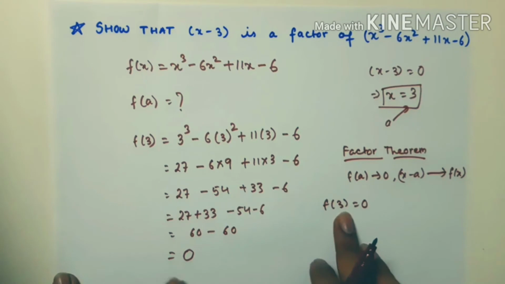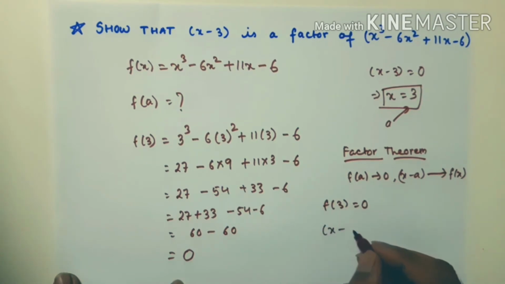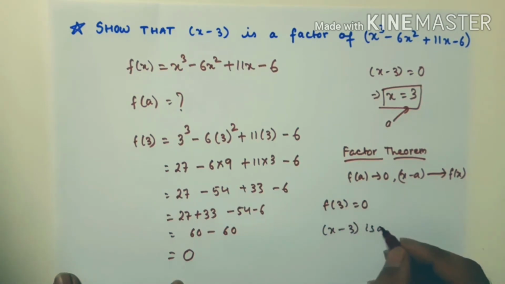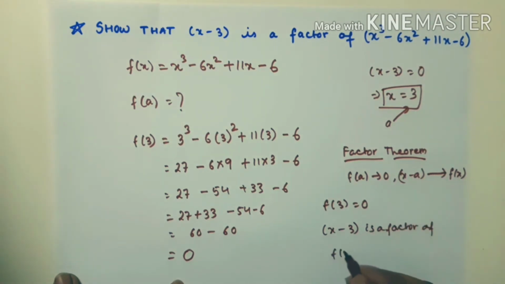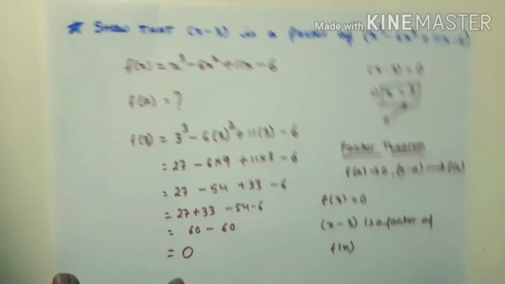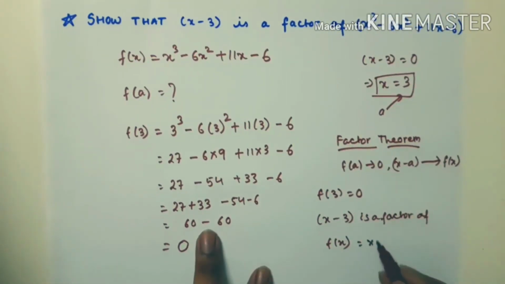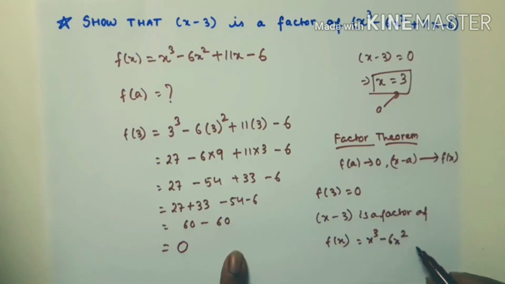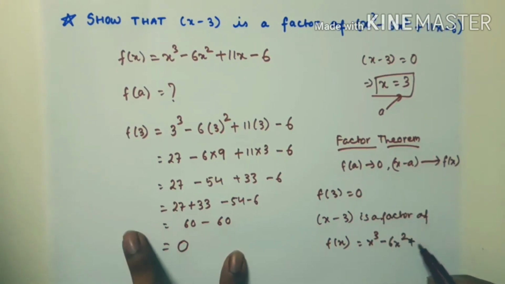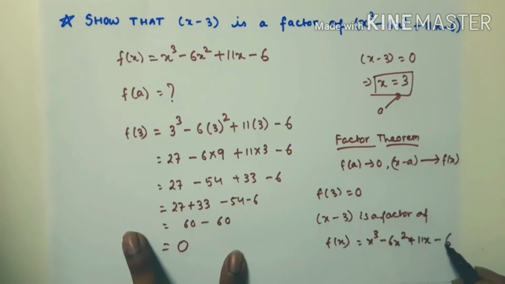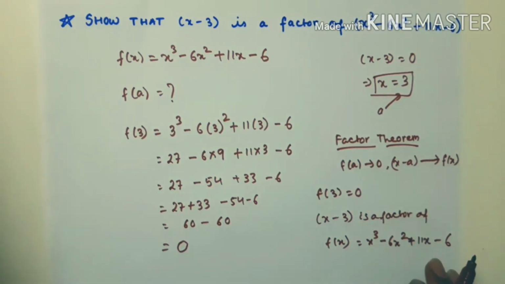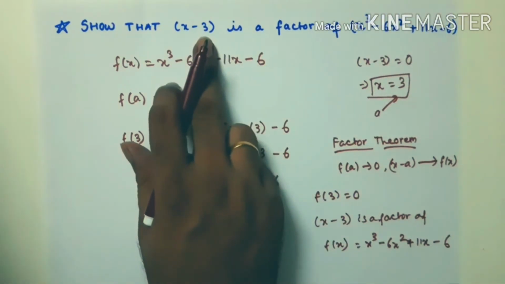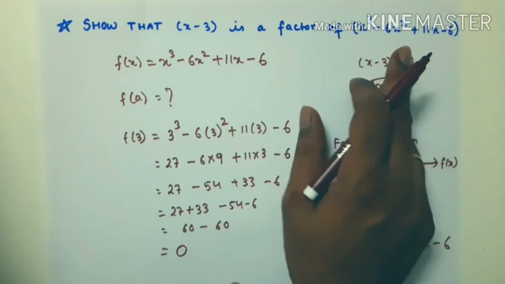Since f of 3 is 0, we can say x minus 3 is a factor of f of x, and f of x is x cubed minus 6x squared plus 11x minus 6. In this way we use the factor theorem to determine whether a given divisor is a factor of the given polynomial or not.